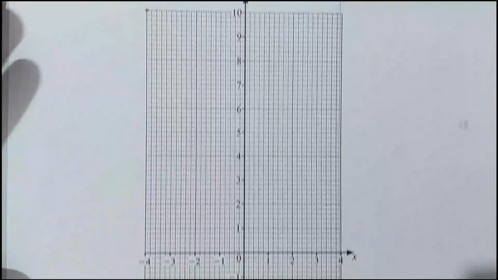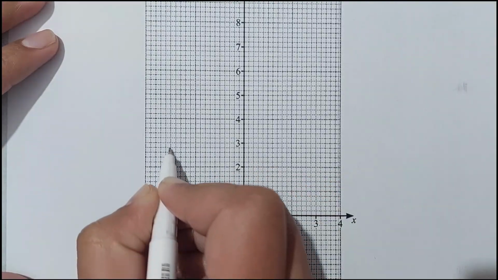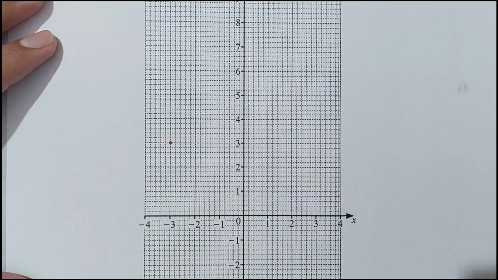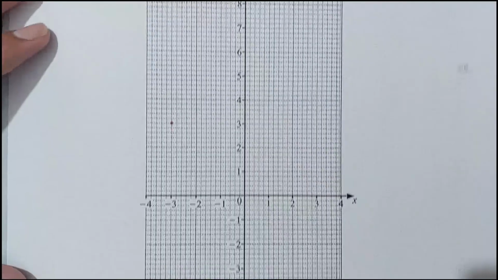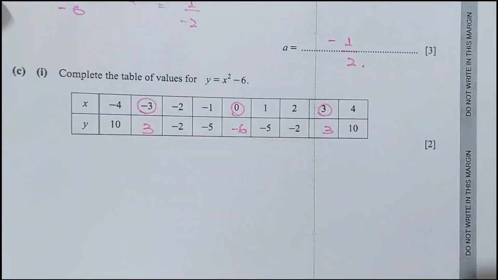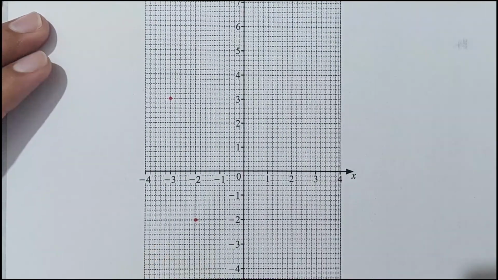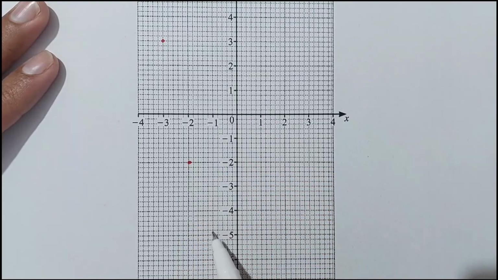X is negative 3, y is 3, moving up to this point. The next one is minus 2, minus 2. When x is minus 1, y is minus 5. Minus 1 and minus 5 is downward.